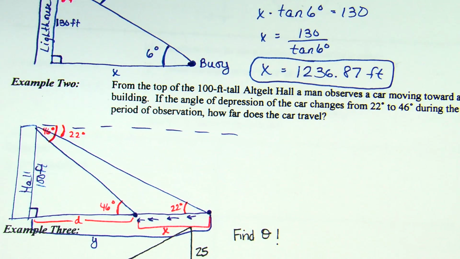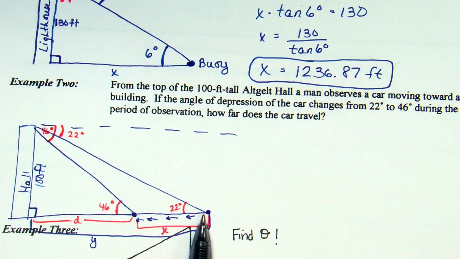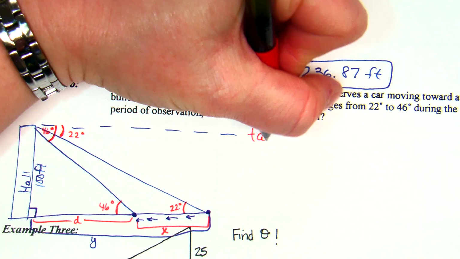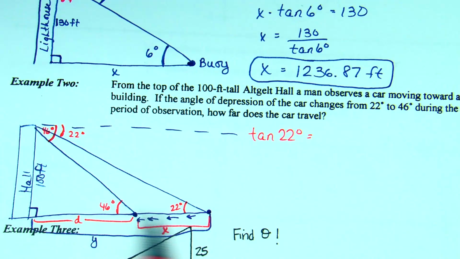How can I find Y? Y represents where the car initially started up to the hall. How can I find Y? Tangent of 22. Tangent of 22 degrees. So here's 22. We're looking at the whole big triangle.